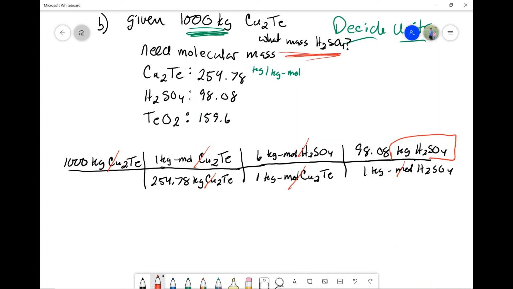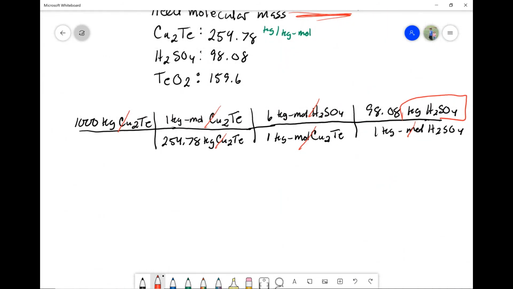So I'm going to plug and chug in my calculator here. 1,000 divided by 254.78 times 6 times 98.08. And I got 2309.76.